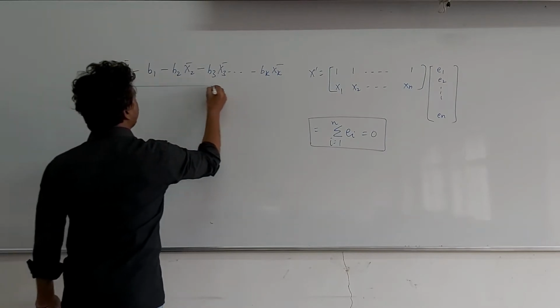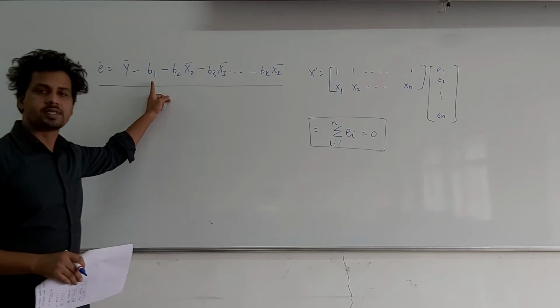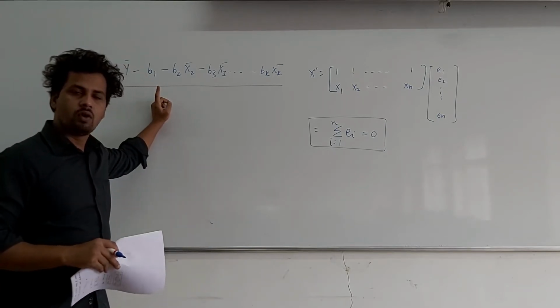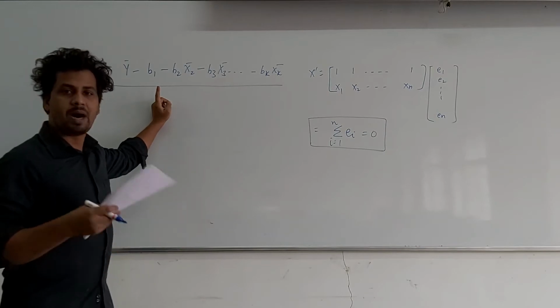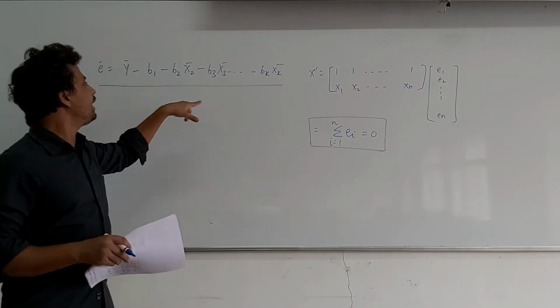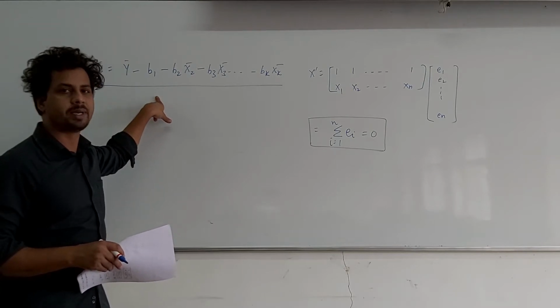So this is one equation that we get. Now what does it mean? It means the residuals have a mean value of 0 and the sample regression line or plane passes through the mean of all such sample points in the k dimensional space.